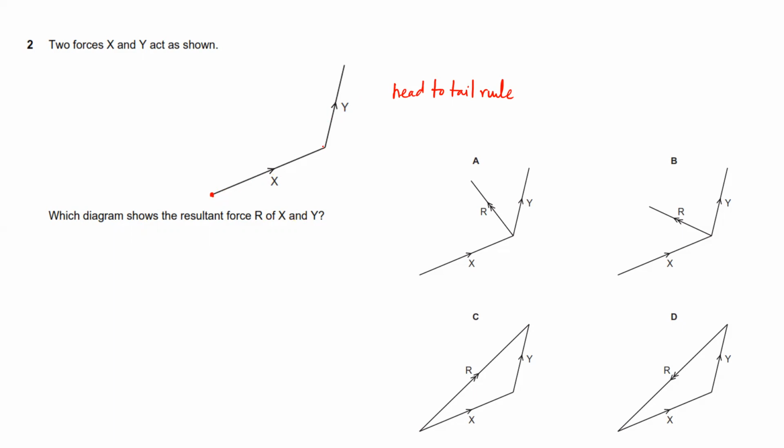The head of this vector is here and the tail of this Y vector is here and the head is here. So the resultant would be this vector R. Okay, so let's see which figure shows this resultant vector R. So A, no, B, no, the resultant R is like this, D, no. So answer C is the right choice we have.